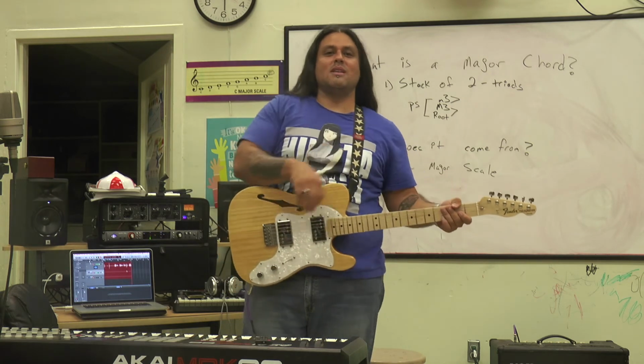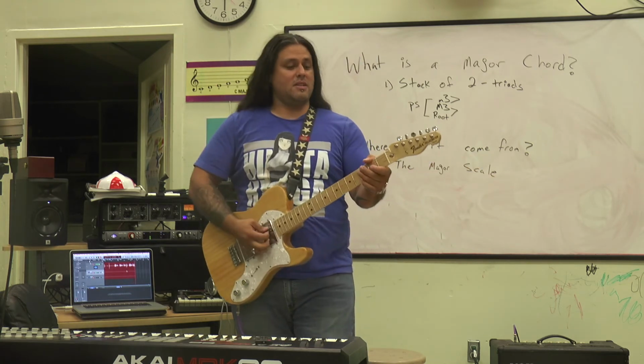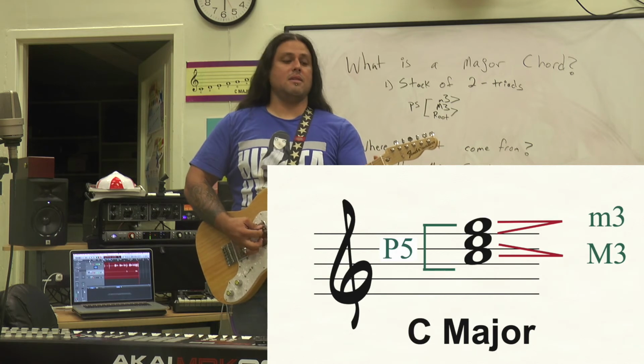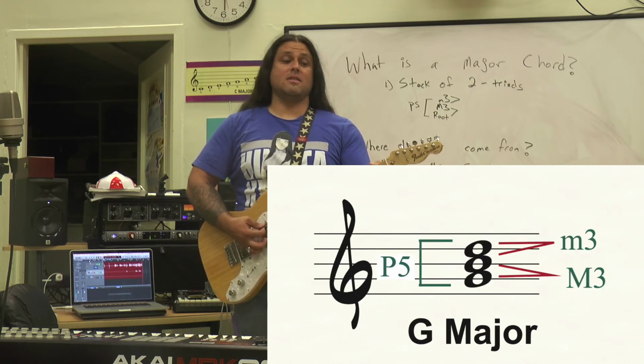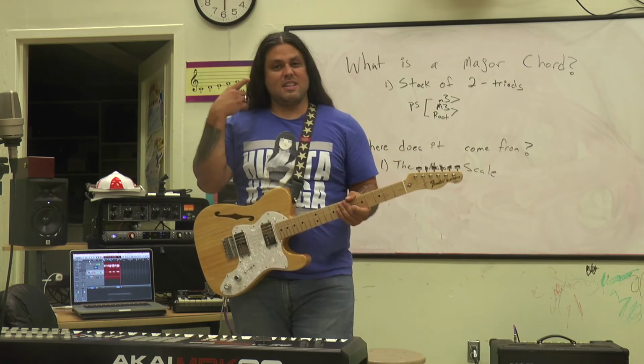Sweet Home Alabama by Lynyrd Skynyrd. Three major chords, D major, C major, and G major. Let's hear it.